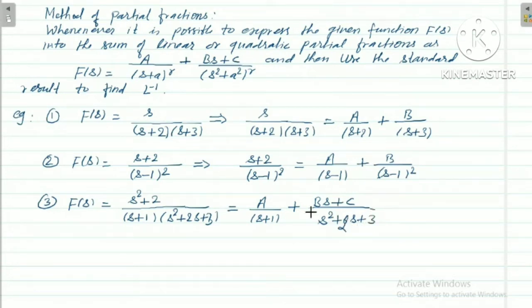Okay, for quadratic you always use bs plus c divided by that fraction. Okay, I hope you understood how to express the given function in quadratic and linear form. लीनियर में आपको सिंपली क्या करना है, ए अपॉन दिस फैक्टर, बी अपॉन दिस फैक्टर, सेकेंड वन इस तरह का फॉर्म रहेगा, जिसका इतना ऑर्डर रहेगा उतने बार यहाँ पे कोएफिशिएंट ऐड होता जाएगा. I hope you understood this.